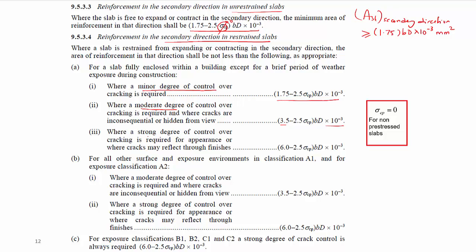And if it is strong, quite stringent crack control criteria, it can be 6 BD into 10 raised to the power minus 3. So this will give the minimum secondary reinforcement required for a slab fully enclosed within the building. Now, depending on the exposure condition, if it is A1 or A2 exposure, we can find out the secondary reinforcement from here. And if it is B1, B2, and C1, C2 exposure condition, we can find out the area of reinforcement in the secondary direction from this equation.